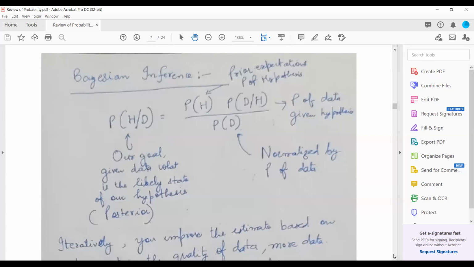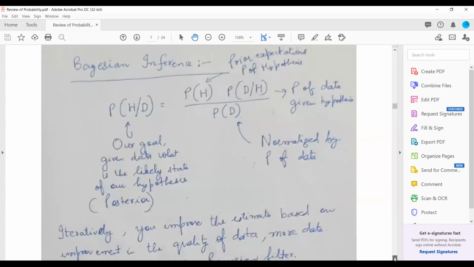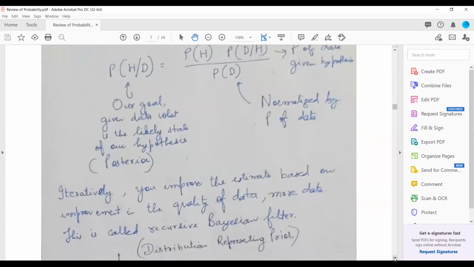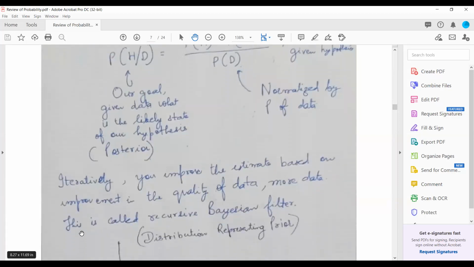All right. So let us now, because these are all probabilities, look at their distributions, that what type of distributions these probability terms have. Now, iteratively, you improve the estimate based on improvement in the quality of data. As and when more data is coming, you are improving the quality of data and you are improving the estimate.